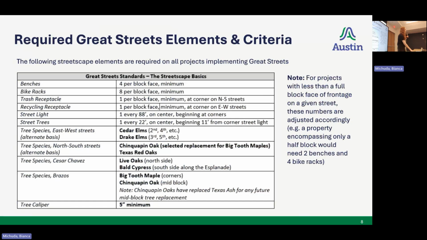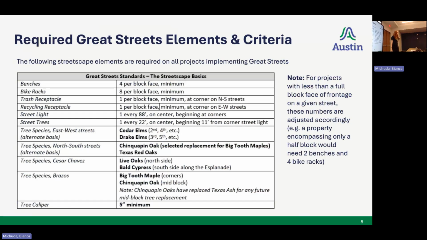So this is required for the Great Streets program. And then thirdly, the trash receptacle. Depending on your north-south or east-west facing streets, you will install 1 trash, 1 recycling receptacle. And then street lighting, spaced 88 feet on center starting at the corner, as well as street trees.